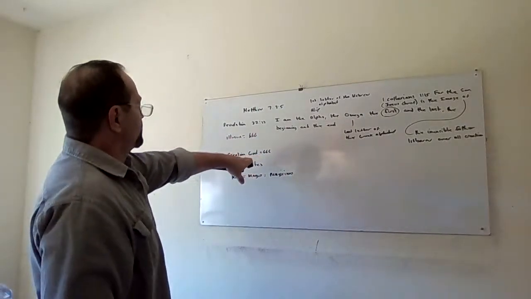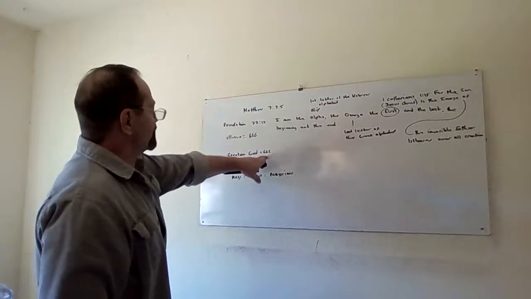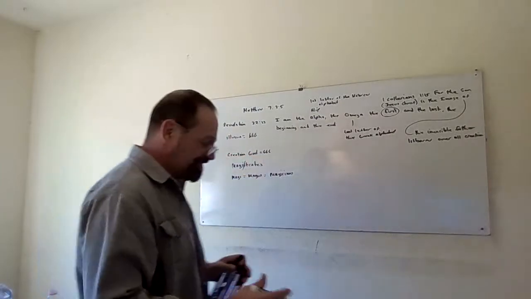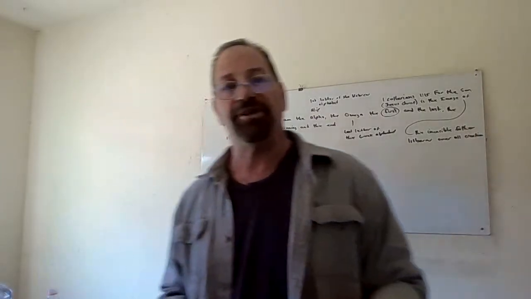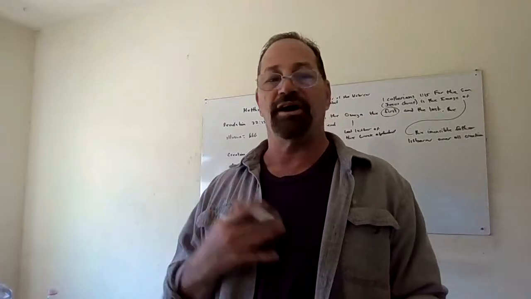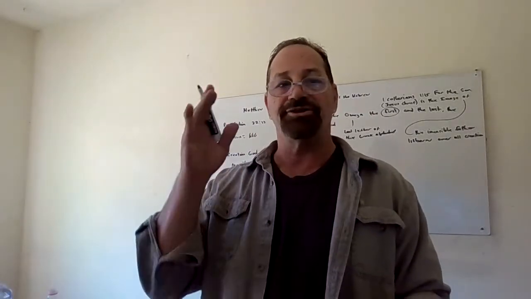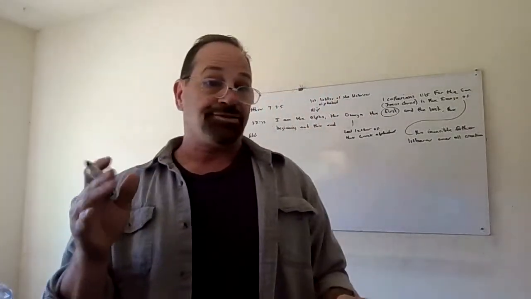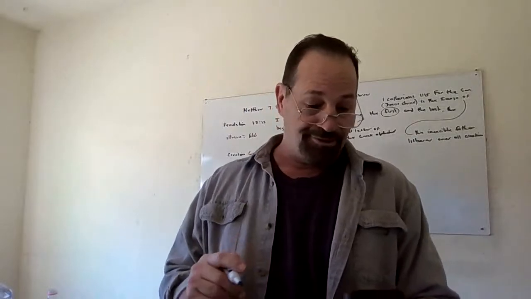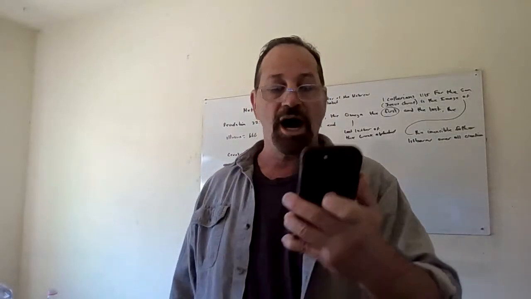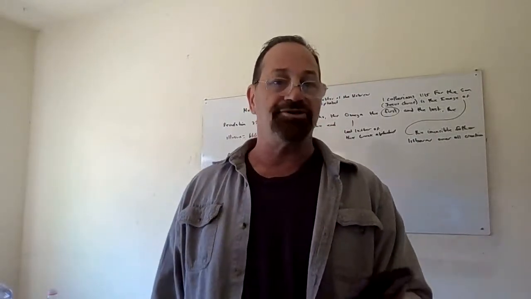Creation God equals 666. So Jesus is saying to us, is it not written in your law that I have said ye are gods? And this is what Jesus was condemned for. He was put on that tree and hung, as the Bible says.